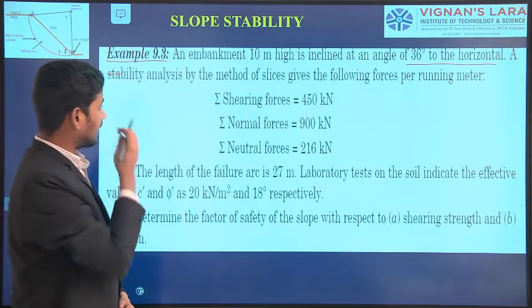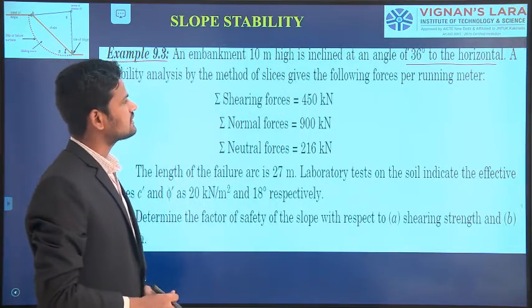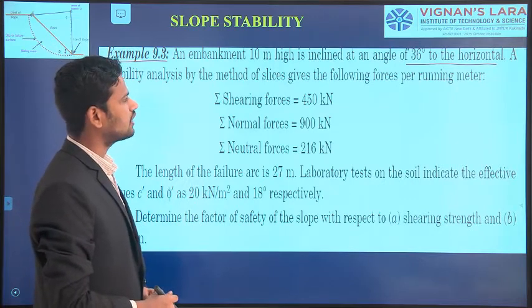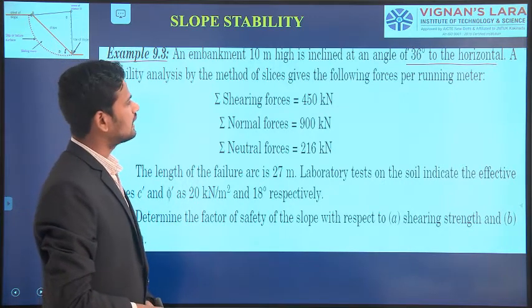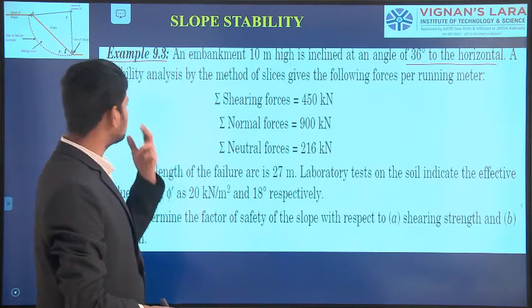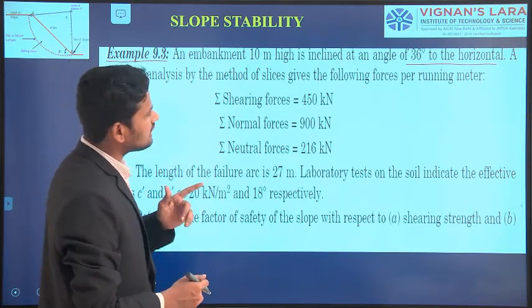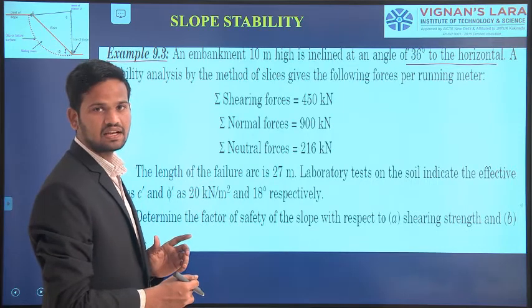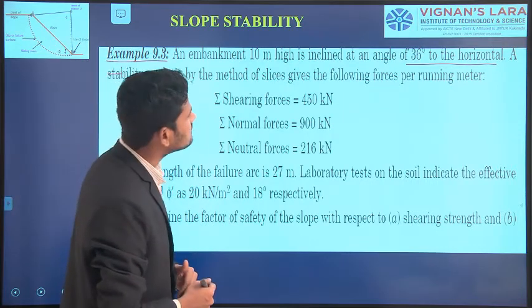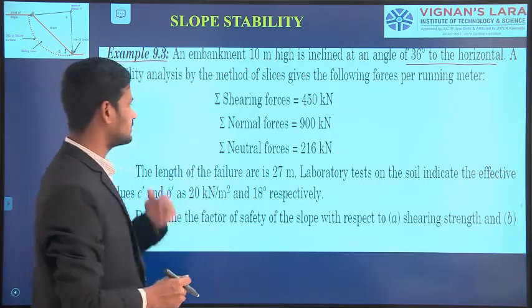A stability analysis by the method of slices is given by the following force per running meter. That means the embankment height is 10 meter and it has an inclination of 36 degrees to the horizontal.